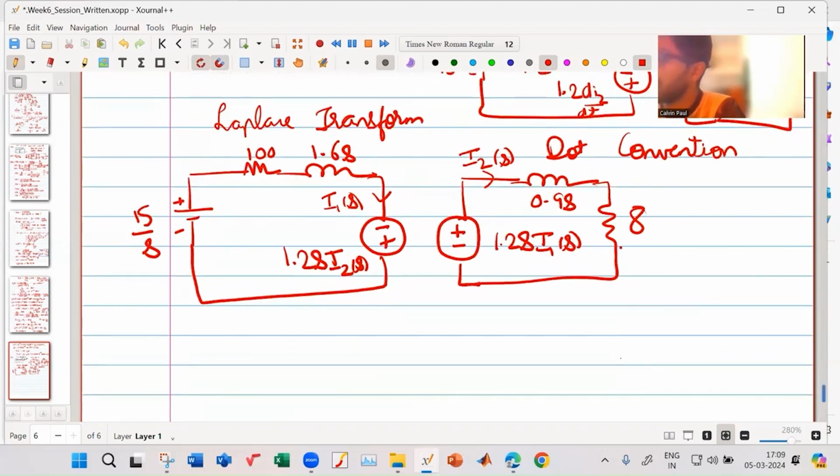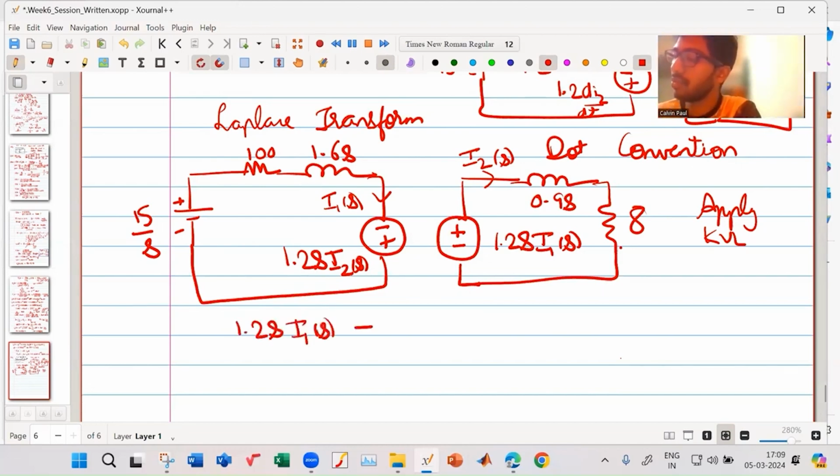Now we apply KVL in the second loop. If I apply KVL in loop 2, what will I get? 1.2 S I1 of S minus 0.9 S plus 8 into I2 of S is equal to 0. Okay, this is the equation.